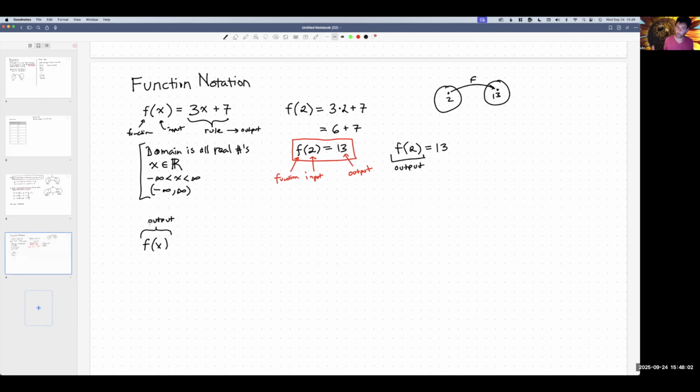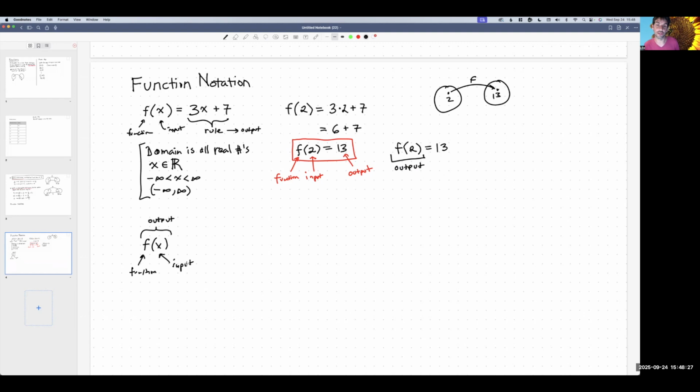So this is a really wonderful symbol, right? It's got the name of the function. And we've got the input. And then collectively, that whole thing represents the output, the thing that gets reported when we do the input, whatever it turns out to be.